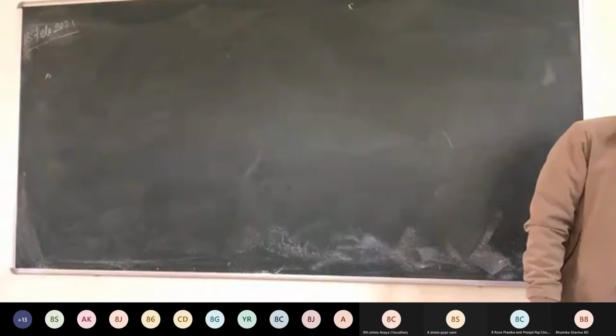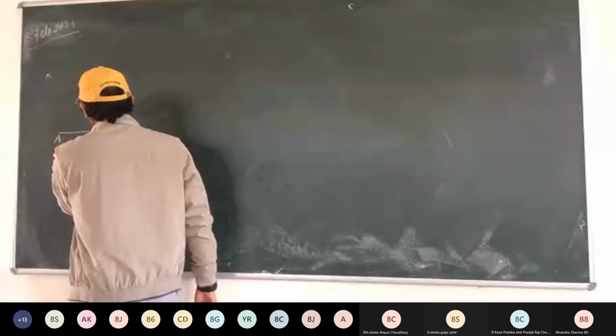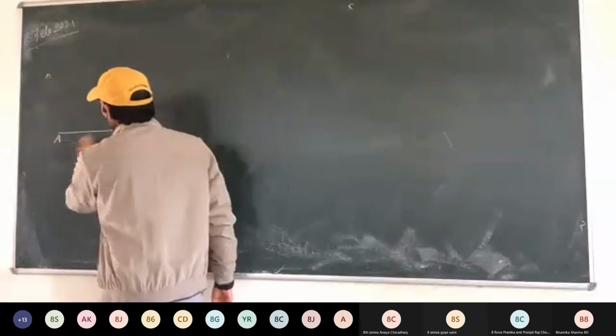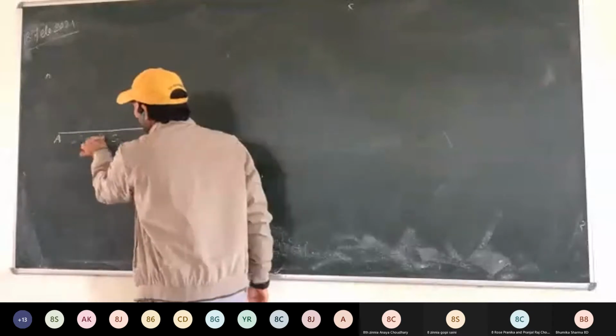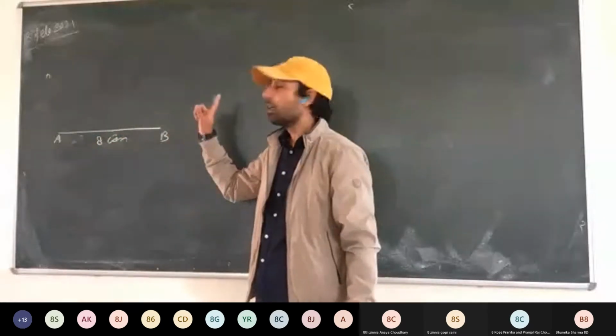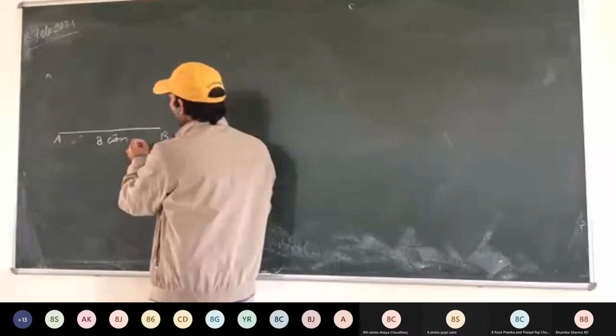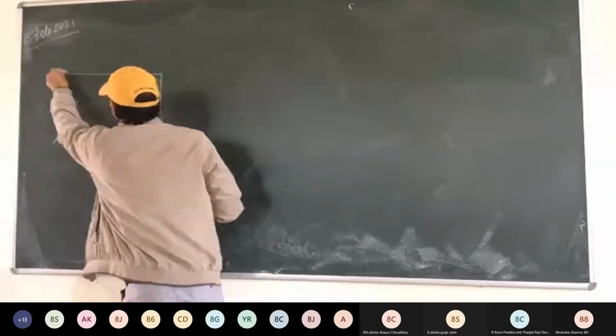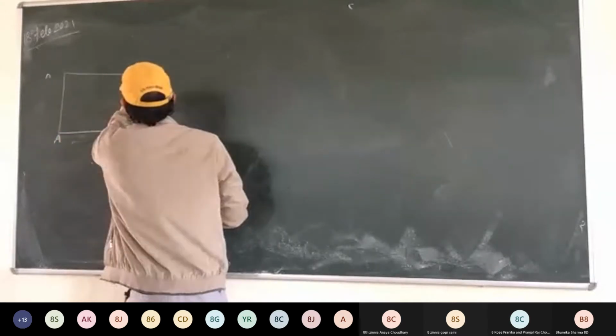So here AB and angle BAC are given. AB is 8 centimeters, and this angle BAC is given as 60 degrees.